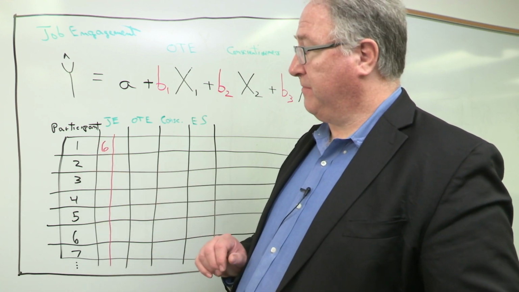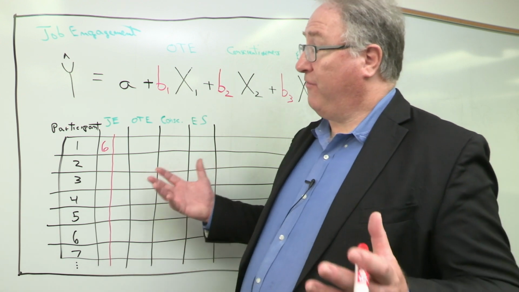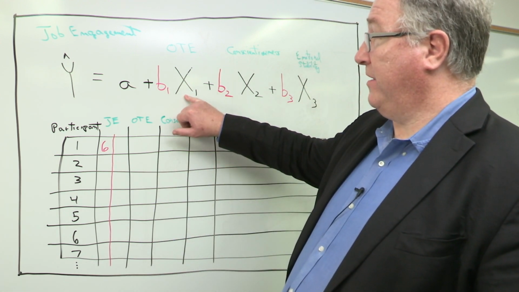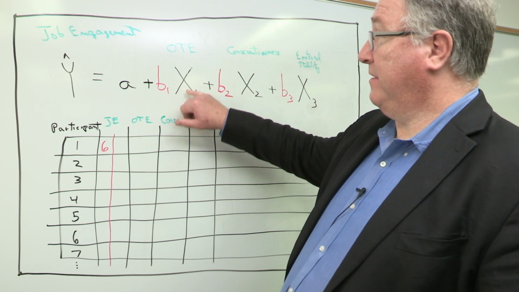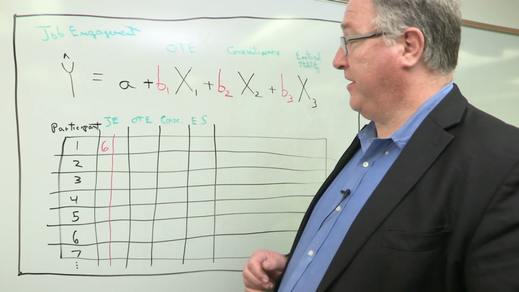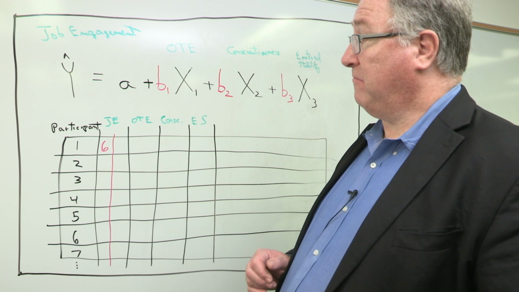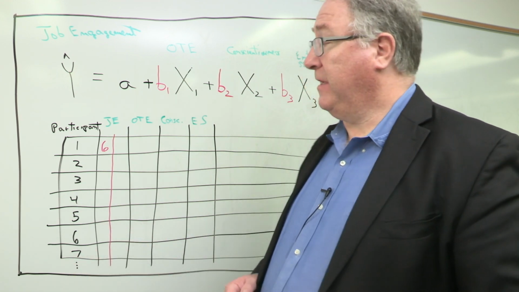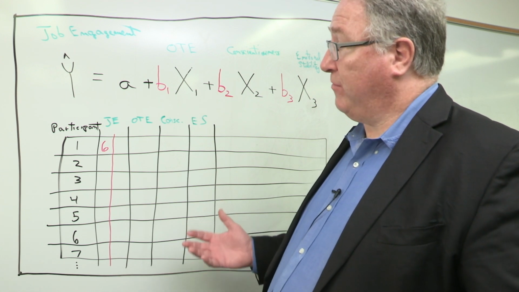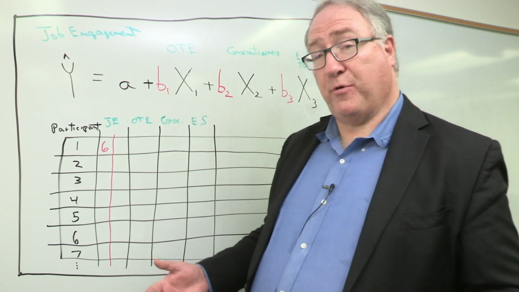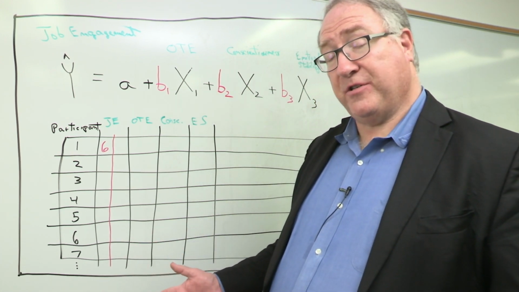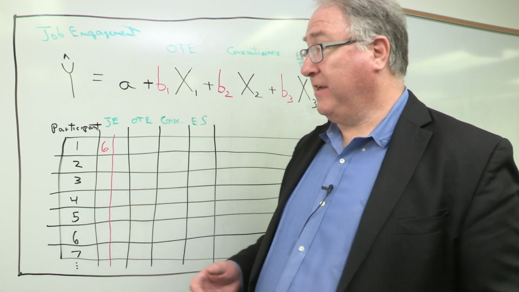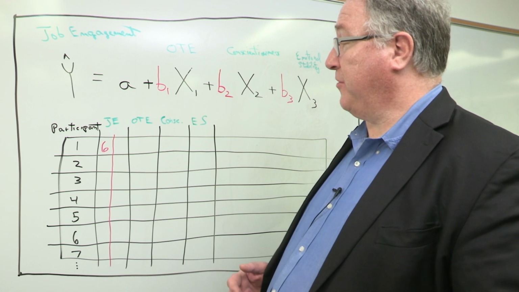Now, for participant 1, you'll also get a score on the predictor variable measure for openness to experience. And let's say it's on a 1 to 10 scale. It's just an example. If you have a low score on openness to experience, you're low on openness to experience. If you have a high score, something like 8 or 9 or 10, you're high in your openness to experience.